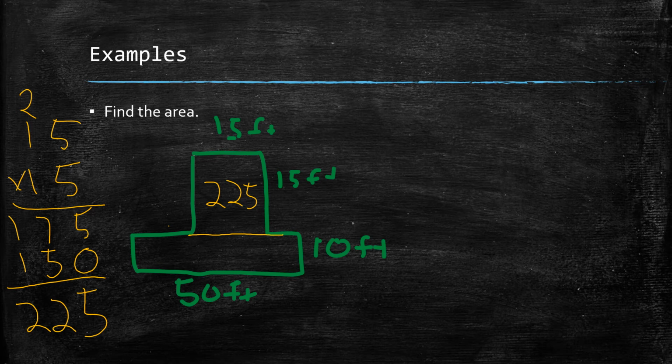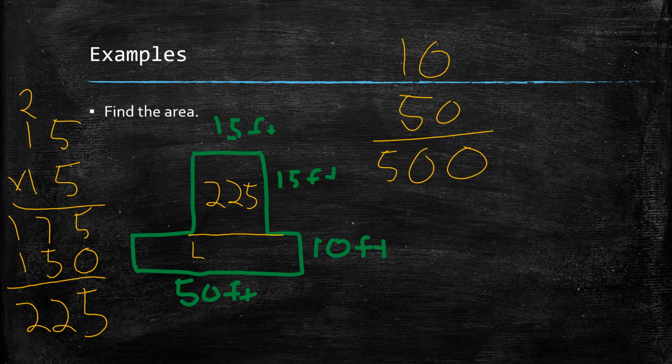So if I look at my next shape, I have 2 rectangles, or 1 rectangle. I have 50 times 10, because it's length times the width. 50 times 10. 0 times 0, then 5 times 0, 5 times 1. This is 500.